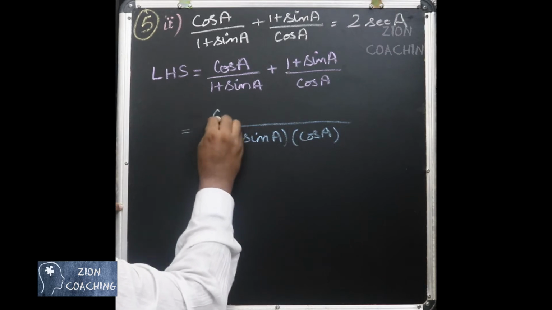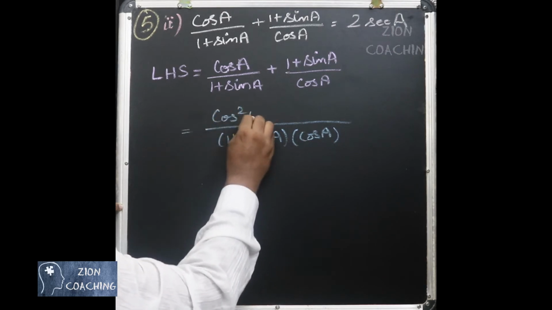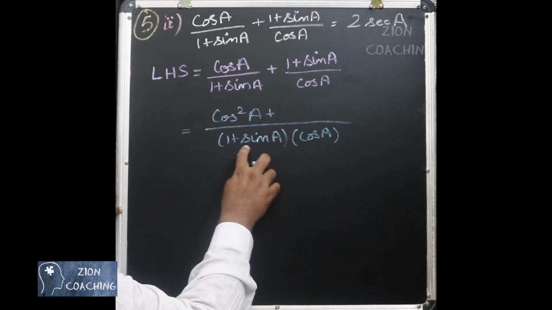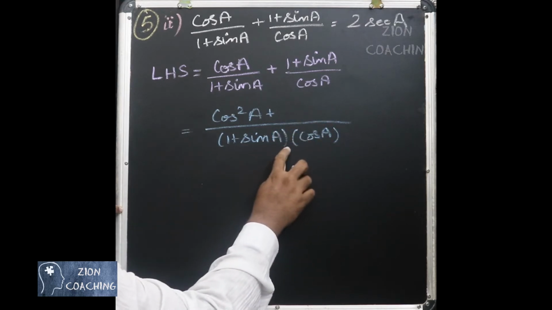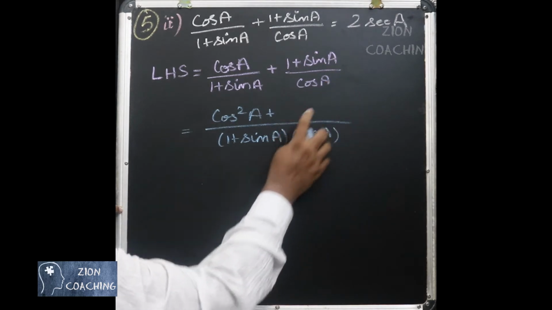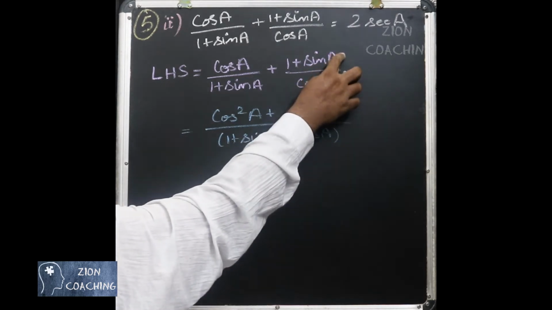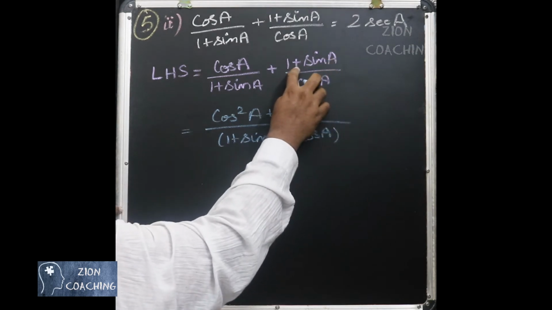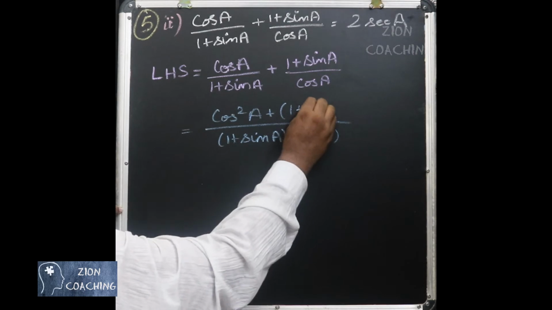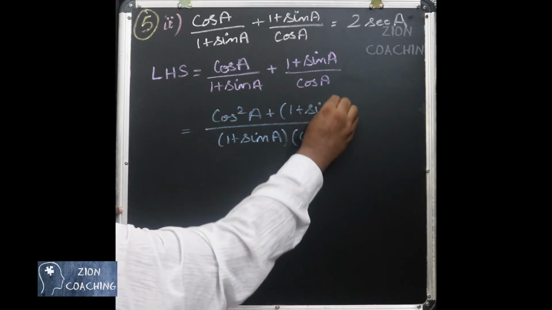That will give us cos squared A plus, now cos A into (1 plus sin A) is what we have in the denominator, so this is getting multiplied with 1 plus sin A. Similarly the numerator also should be multiplied. When you multiply (1 plus sin A) into (1 plus sin A), you will get (1 plus sin A) the whole square.